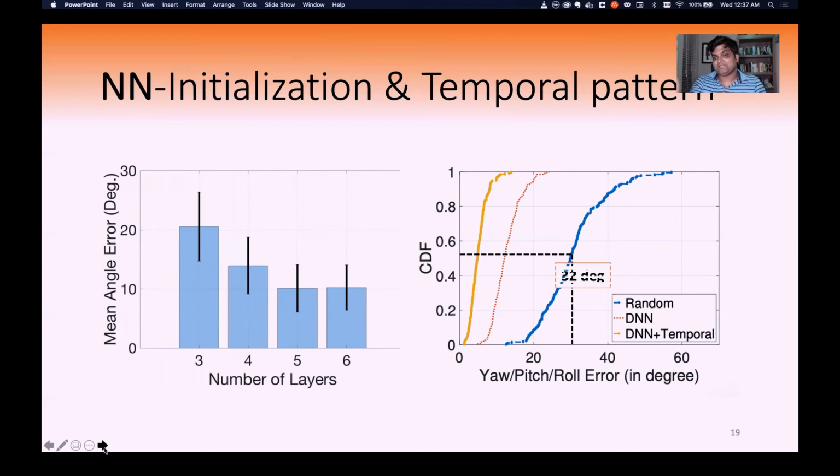And from the CDF on the right hand side, as you can see, the median angle error reduces from 32 degrees to 9 degrees and to 5 degrees. So we can get a very accurate estimation system through our optimization framework and model.